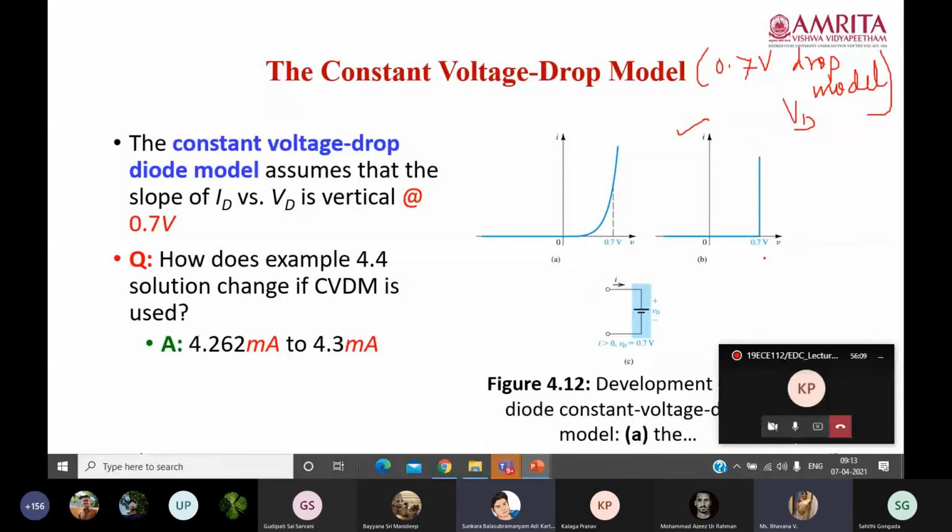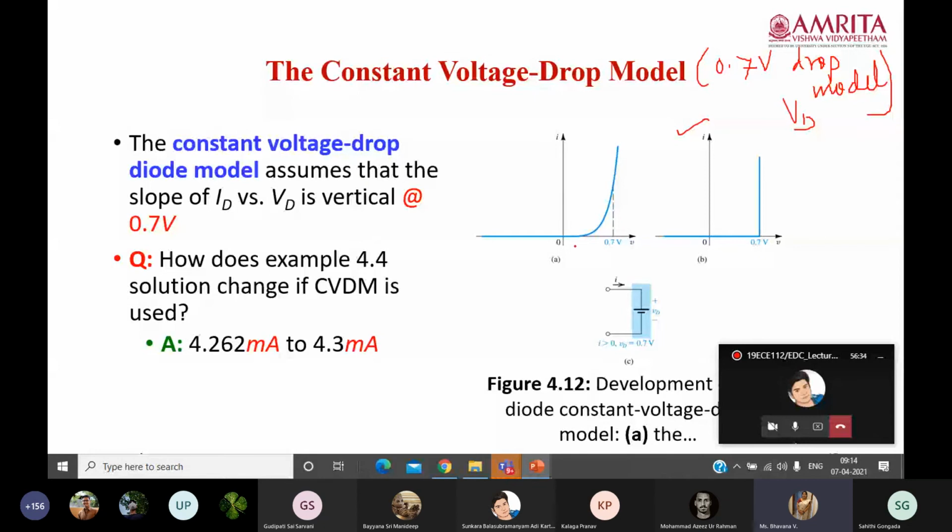Ma'am, also could you please repeat the first point? Forward conducting diode exhibits a constant voltage drop VD. Usually VD is taken as 0.7 volt. And this method is the most frequently employed method in the initial phase of analysis and design.